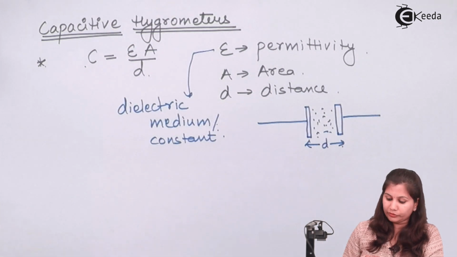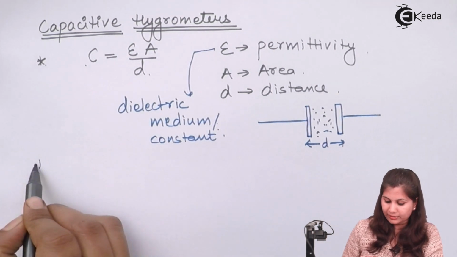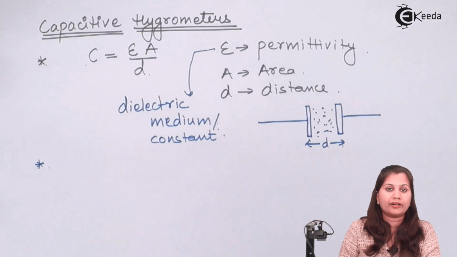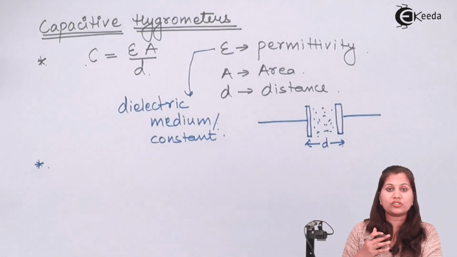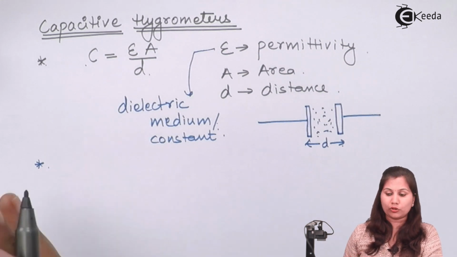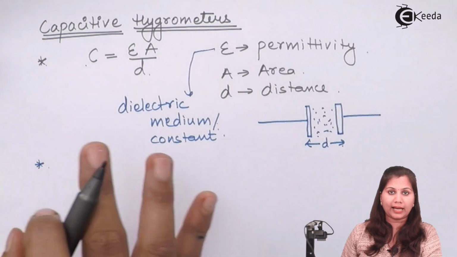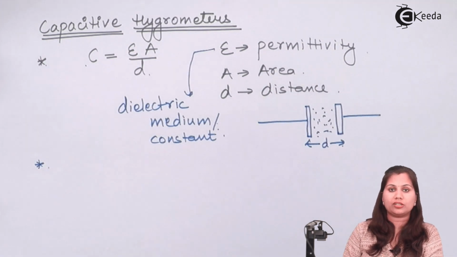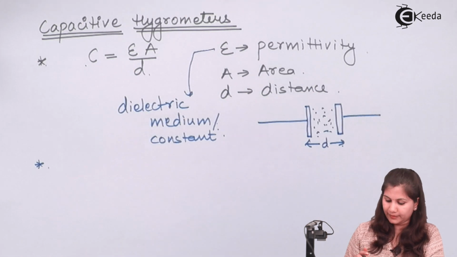Just like in the resistive hygrometers we use hygroscopic salts which exhibit changes in resistance with change in humidity, there are some hygroscopic materials which exhibit a change in the dielectric constant with the change in humidity. Such hygroscopic salts or materials are used for the construction of the capacitive hygrometers.